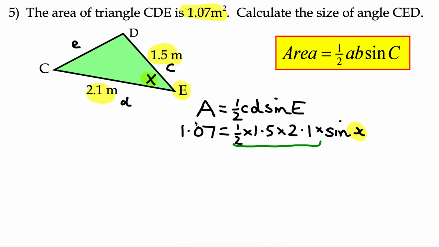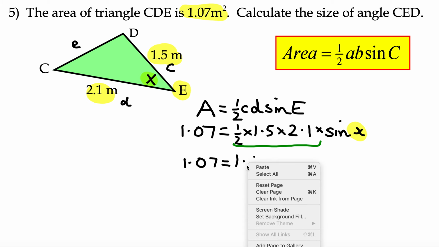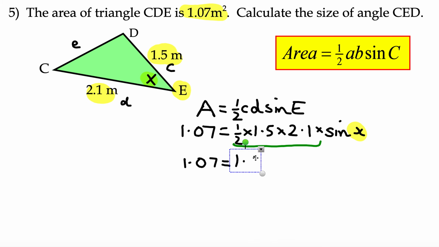So we've still got 1.07 on the left, and if I take my calculator and do a half, 0.5 times 1.5 multiplied by 2.1, just those ones, I get 1.575 multiplied by this thing that we don't know, sine x.